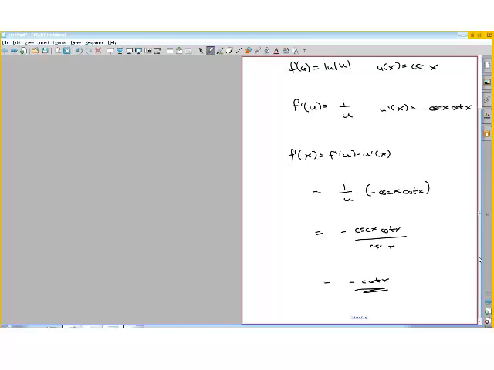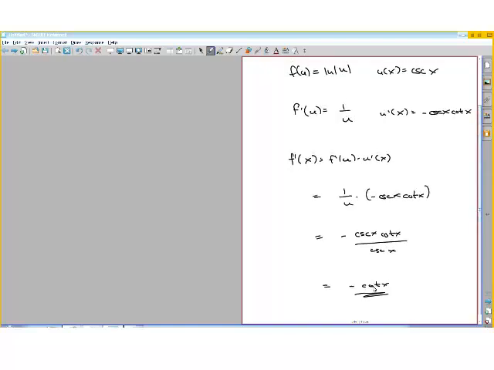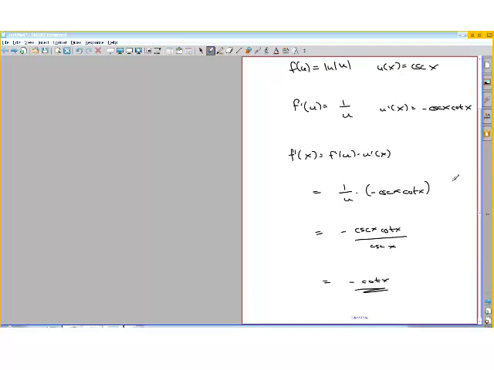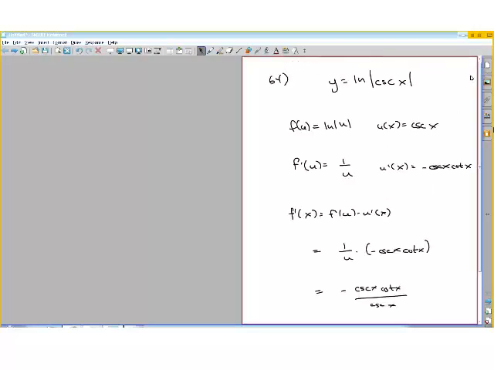Just like we've looked at before, if this is the derivative, then the integral is the opposite. So if you integrated the cotangent of x, you would end up getting negative the natural log of the absolute value of the cosecant of x. We're going to prove that in the next section, but we already showed it here by taking the derivative, and then we could go back in the other direction.